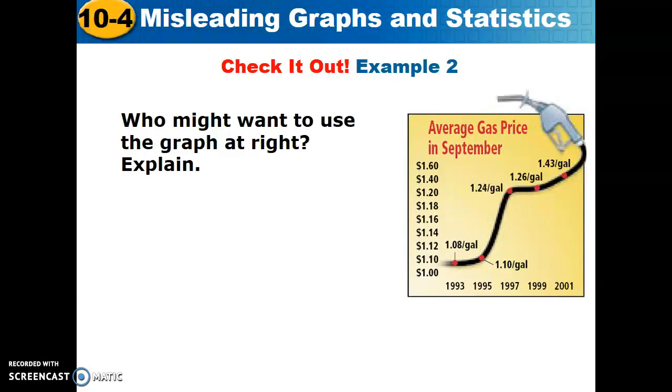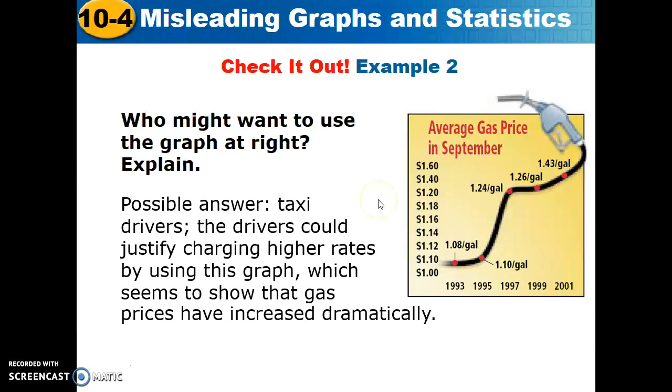Check it out. Who might want to use this graph? Well, it's showing by the hose on the gas nozzle that there's a great deal of increase from 1995 to 97, and between 1999 and 2001, we can see it's probably even higher.